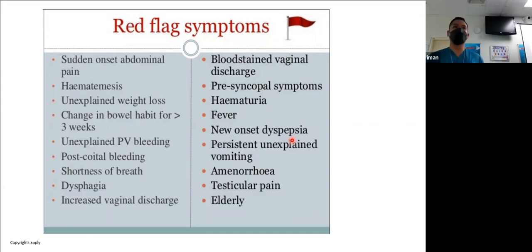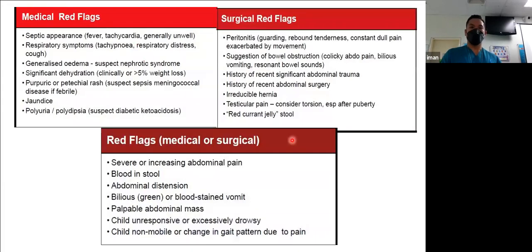So these are the red flag symptoms that we tak boleh miss lah. Okay. So dalam red flags pula, we can divide it into medical red flags and also surgical red flags. So this one can give us an idea which pathway kita nak pergi lah.